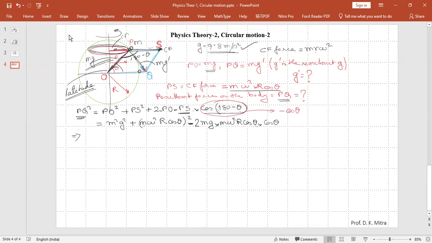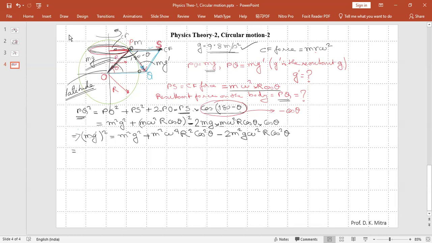So from here we get mg dash whole square, that is PQ square, equal to m square g square plus squaring this whole thing is m square omega to the power 4 r square cos square theta minus 2, there are two m here, minus 2 m square g omega square r cos square theta.